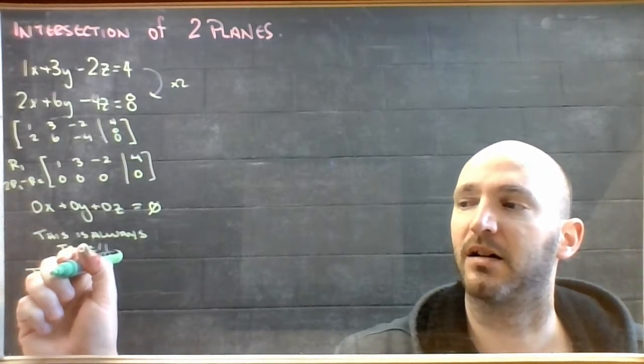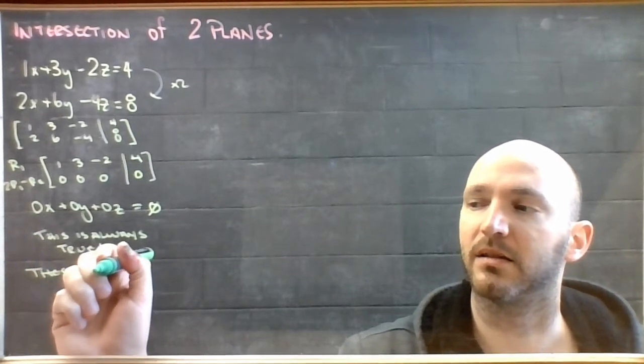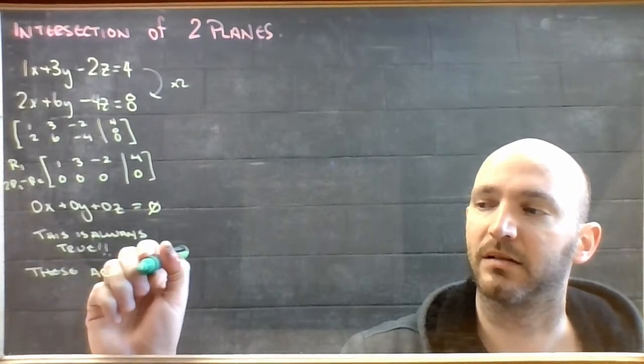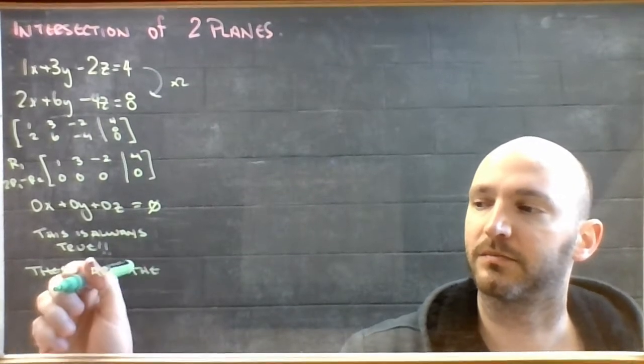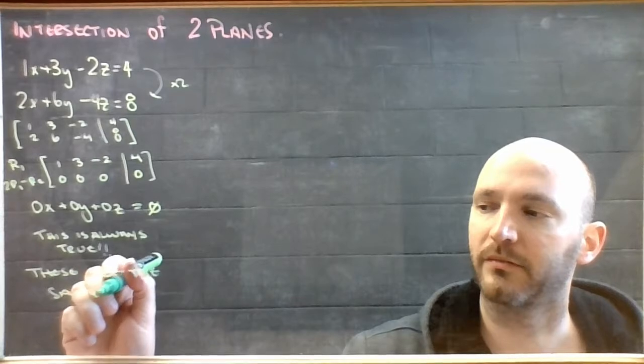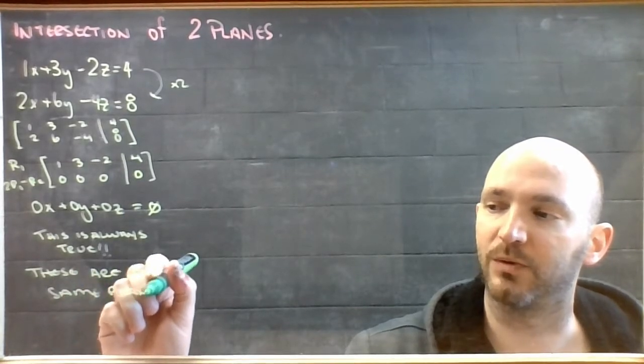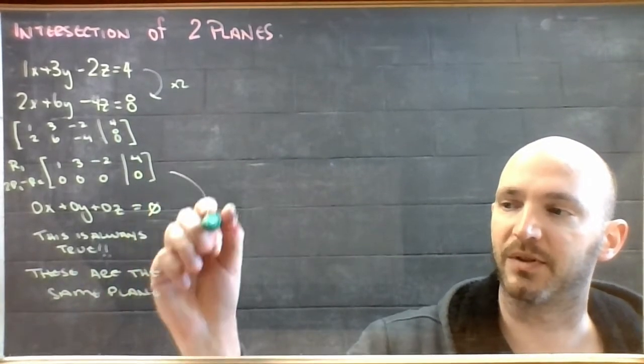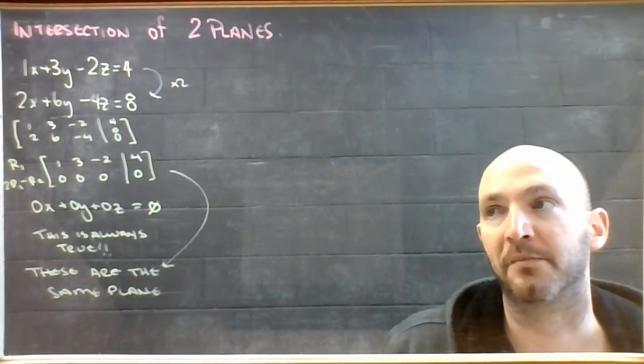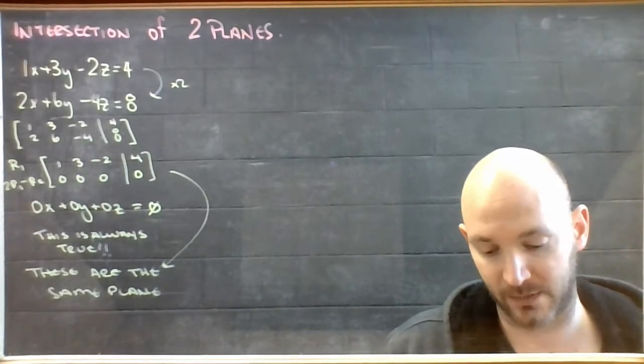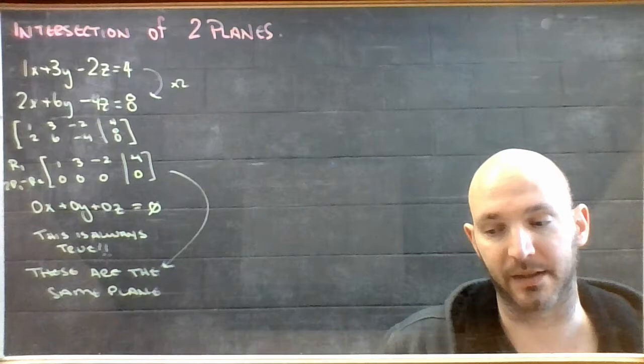These are the same plane. That's the conclusion you will draw from this particular row. So I'm going to erase this, and then we'll try another one that interacts in a different way.